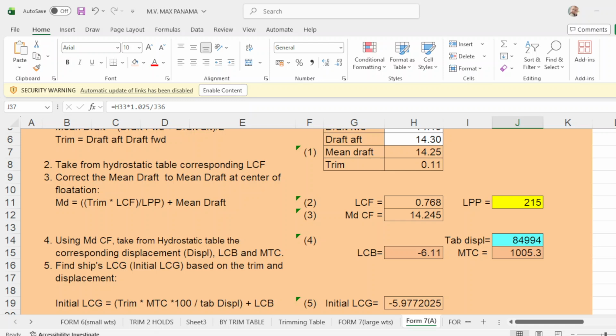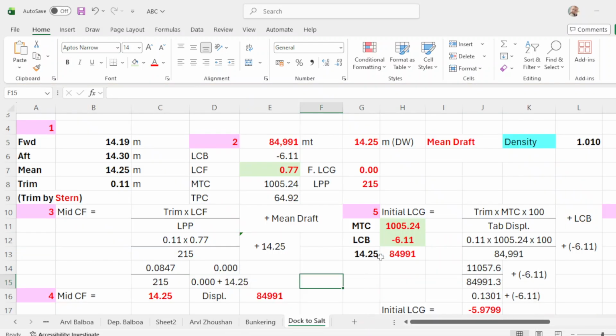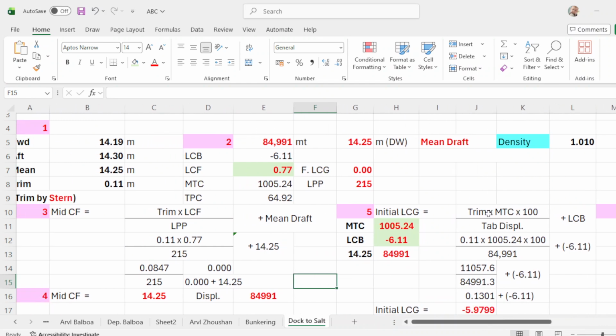You find now the initial LCG, which is trim times MTC times 100 over displacement plus LCB. Okay, so this is the one, number 5. The formula is trim times MTC times 100 over displacement plus LCB.